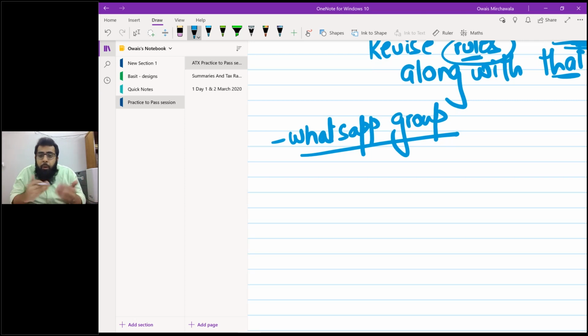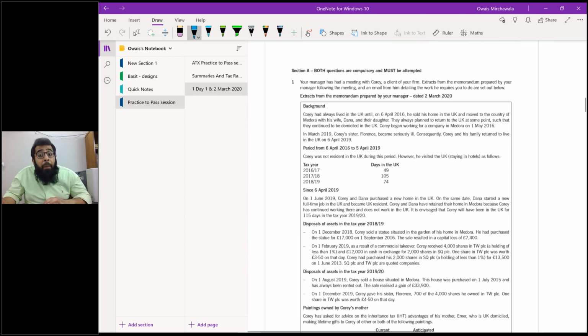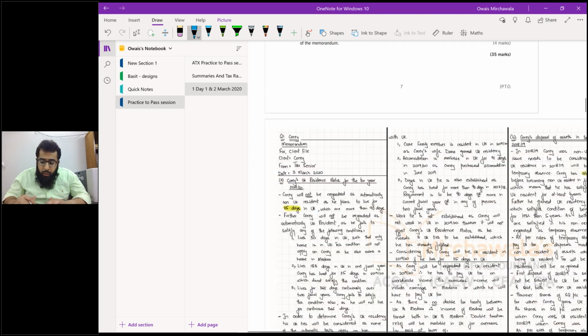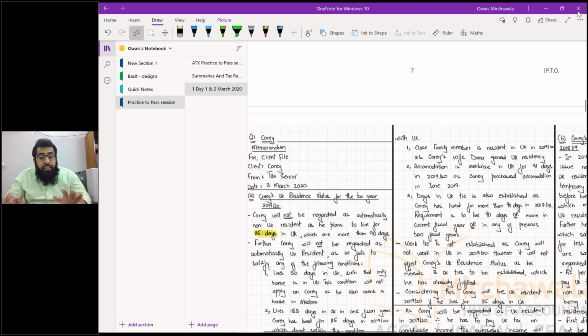The WhatsApp group can be useful because in 15 hours we cannot cover all the papers. We will try to cover as much as possible, but if someone wants these past papers compiled in updated form, they can take it from me, and I have my answers developed which we will be covering during the session.